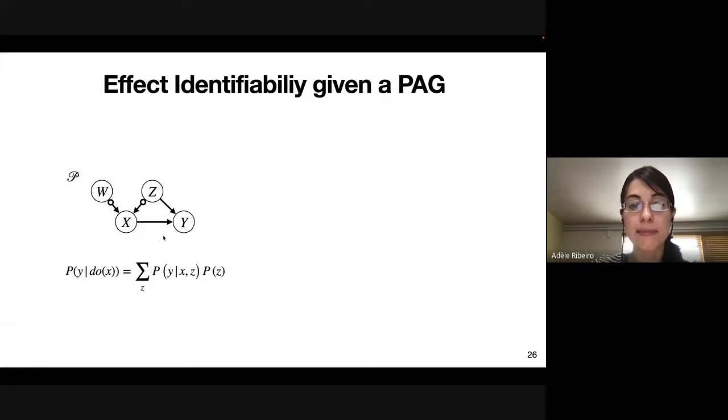Again, some examples. If this is the PAG, this is again the backdoor adjustment, just for simplification. This is learnable from data, so we can learn this representation entirely from data, and we can identify the effect of X on Y as being this expression, just given the PAG.